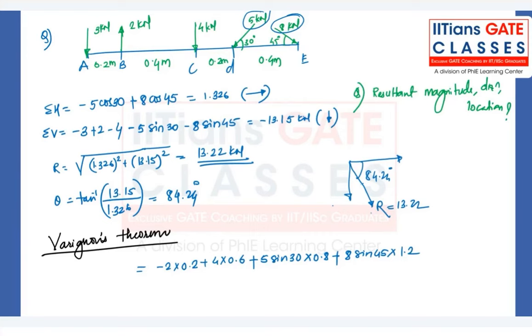And what is the vertical component? Minus, so it is downward, that is 13.15, and we don't know, let's say it is acting at a distance x from the point A. So if you solve this equation for x, you will end up with a certain number, and that is 0.82.